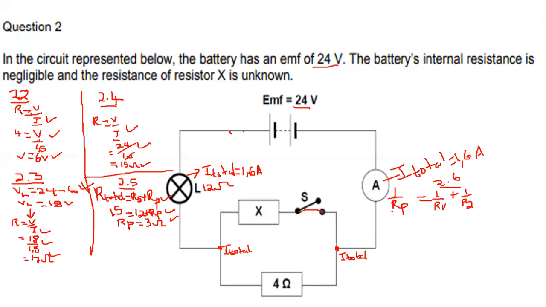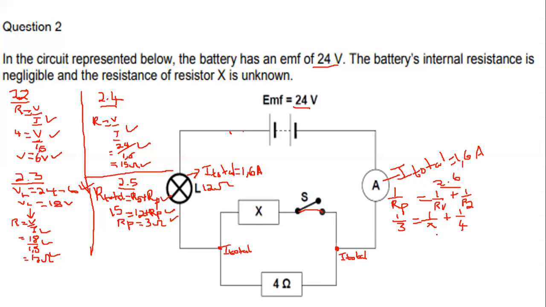And then we check. I have the value of RP, remember, it's 3. So it's 1 over 3, which is going to give me 1 over R1, resistor 1, we take it to be X, plus 1 over R2, and R2 is given as 4.